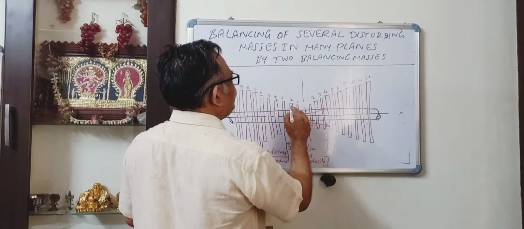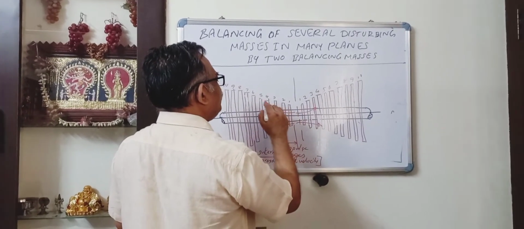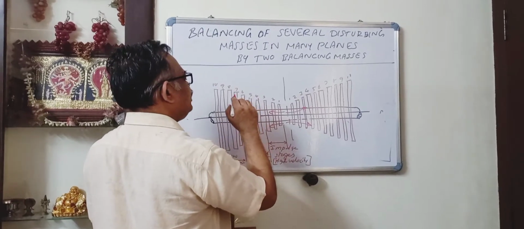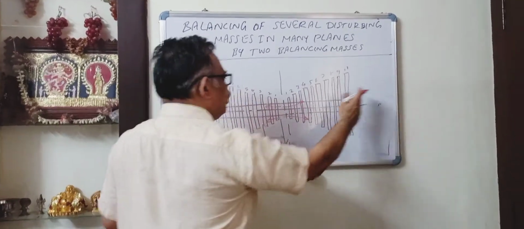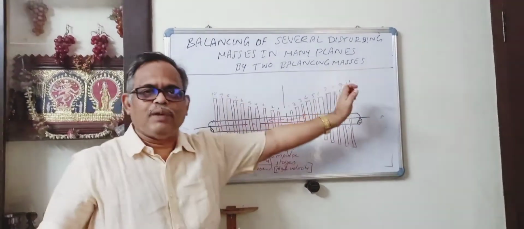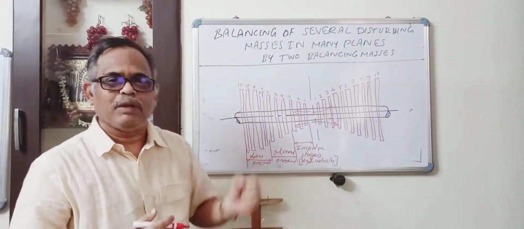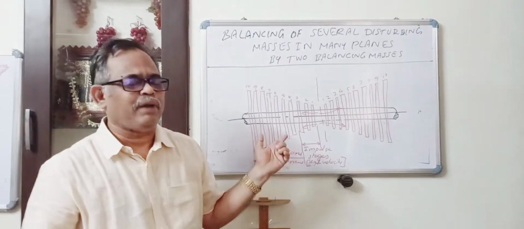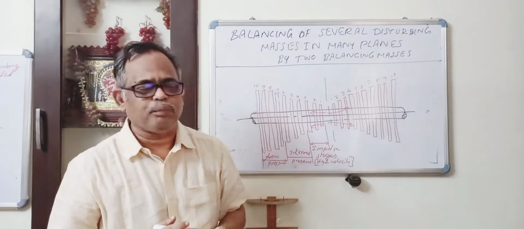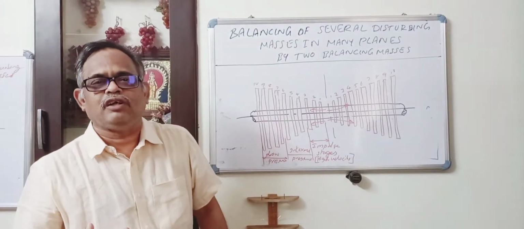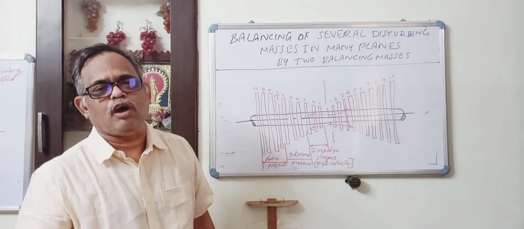And one disturbing mass can be in this stage, one disturbing mass can be in this stage, two disturbing masses can be here, one can be here, like this, in so many different planes, right? There may be so many different disturbing masses. And the steam turbine and all are rotating at 3000 RPM, and earlier steam turbines used to run at 6000 RPM.